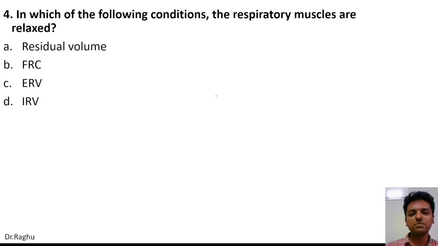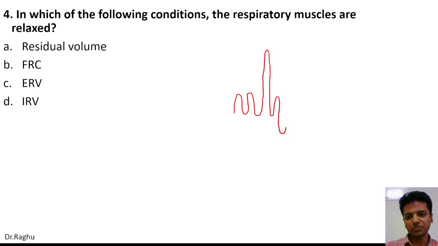Okay, again let me draw the spirogram. What I am doing here is inhalation, exhalation, inhalation, exhalation, forceful inhalation, and then a forceful exhalation. This is the simple spirometer. This is our tidal volume.